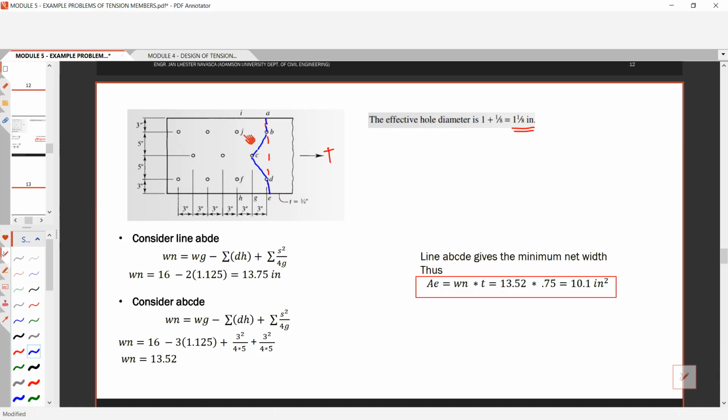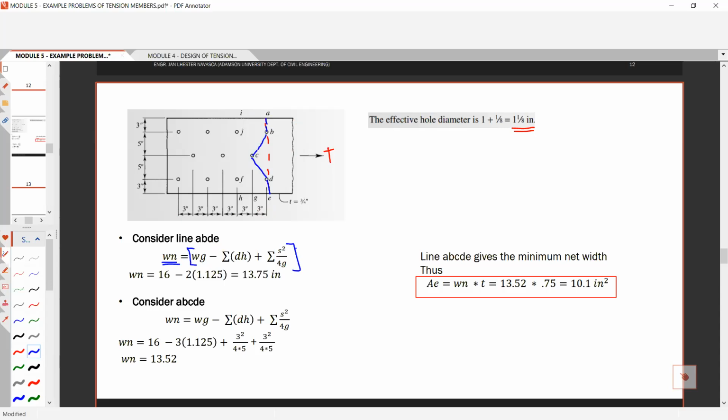So considering the line ABDE, the red line, for your net width, we say that it is the area divided by thickness. So we don't multiply this net width by thickness. It is only the width, the net width.